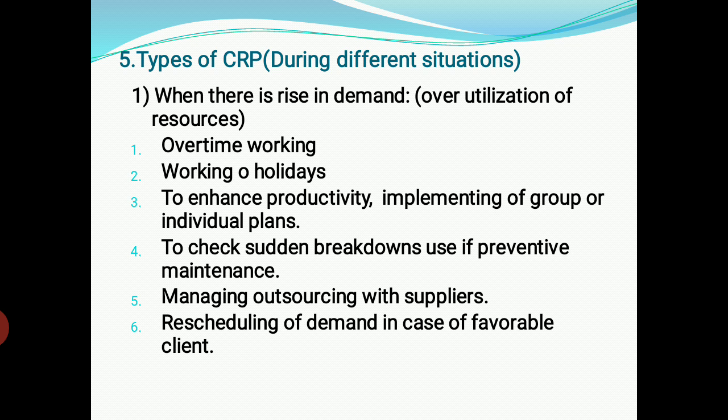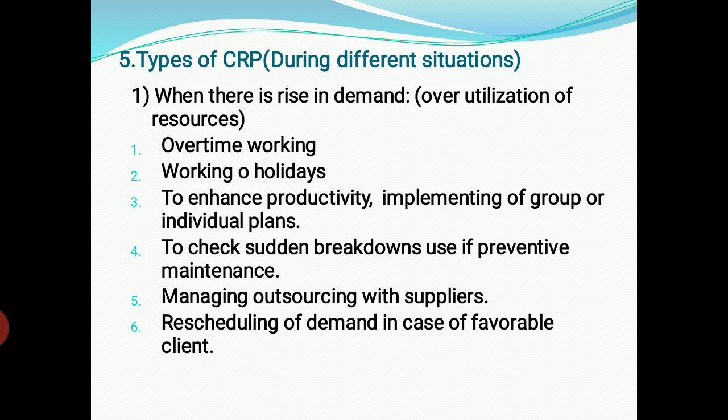Again, managing outsourcing with the suppliers. I'll continue the example. If you come to know that you will be able to produce 100 units, or say 150 units, with the existing capacity, but there are chances that the demand may even exceed this 150. It may be 200 to 225 units, but your capacity is almost done. You cannot go beyond this capacity.